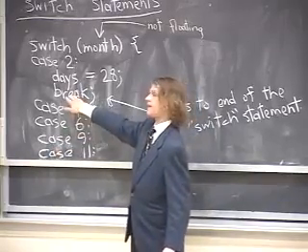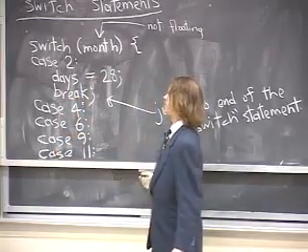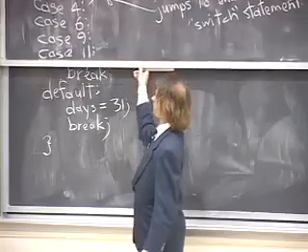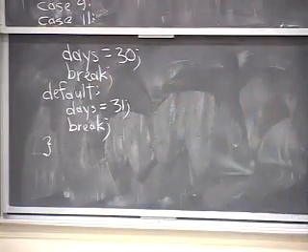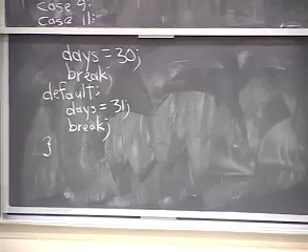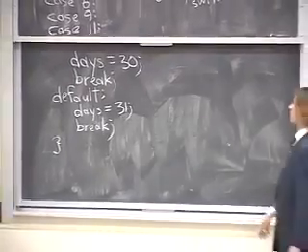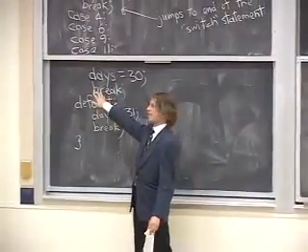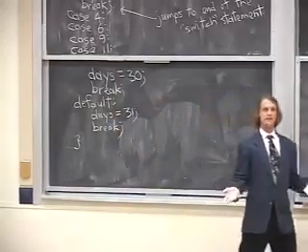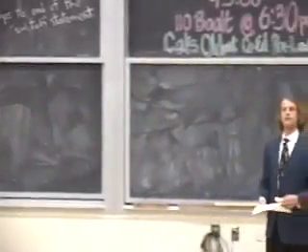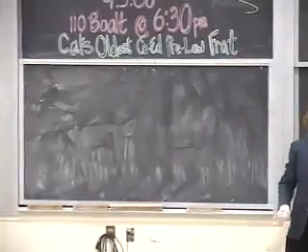So if I were to leave out this break, I would set days to 28, then I would just keep on going, and then I would set days to 30, and now my code would be buggy. It's a very common mistake of beginning Java and C programmers to sometimes forget some of these break statements. Then their code just runs right through into the next case, and you have a bug. So try to remember always to have your breaks in there.